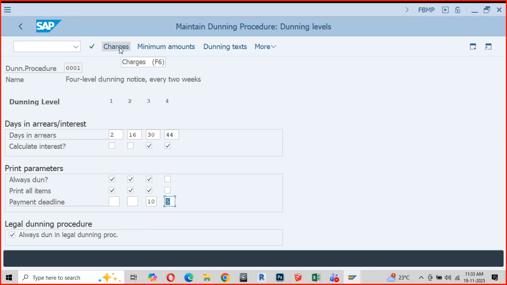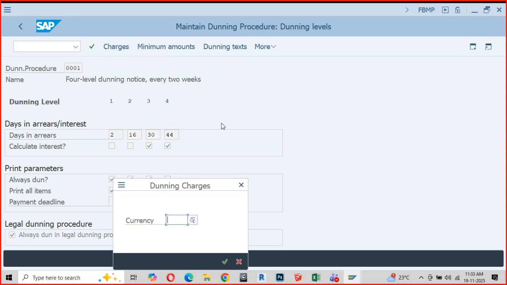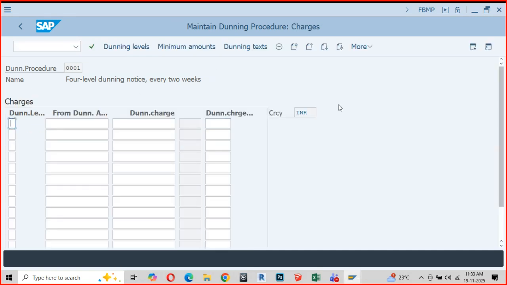Minimum amounts, charges. Do I incur charges? What are the charges? So I might incur printing, postage, some charges which are a part of your dunning process. You send out a reminder, you need to print that letter, you need to post that letter.